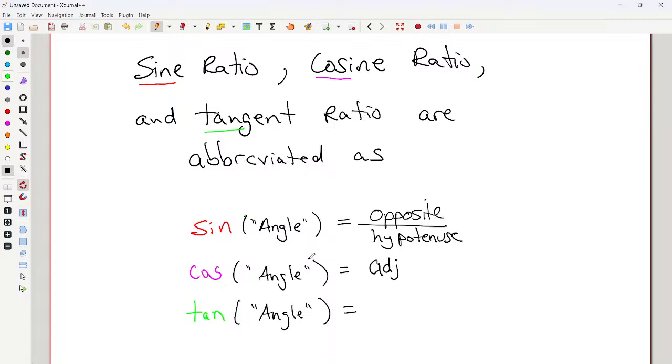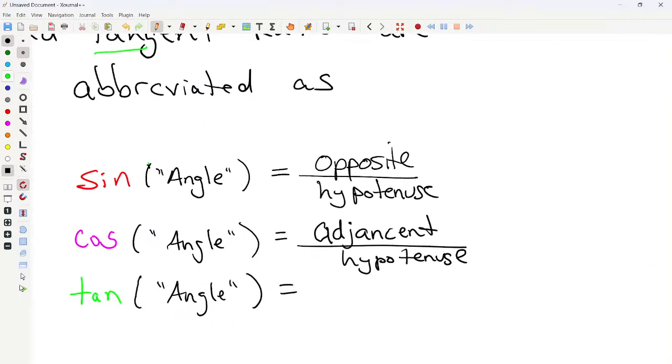Cosine is adjacent to hypotenuse. And tangent, what's up? Are those being divided? Yes, ratios. So a ratio is like boys to girls or hip hop to country, right? So you say, how many hip hop albums to country? Like it's a ratio, it's a comparison.